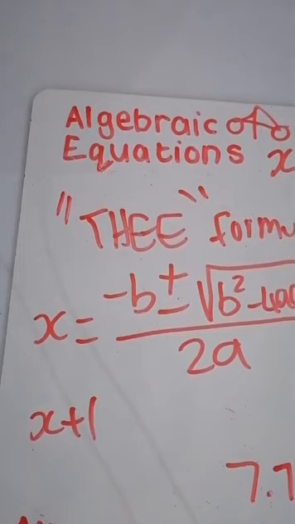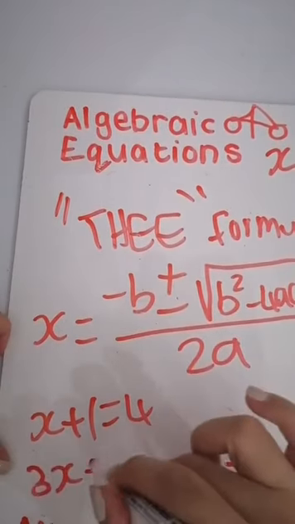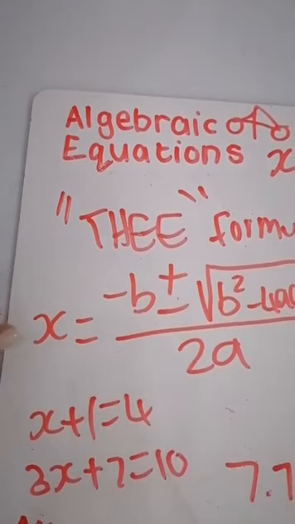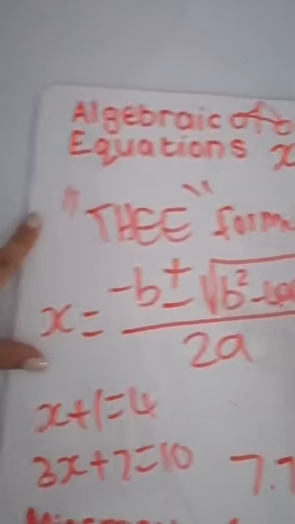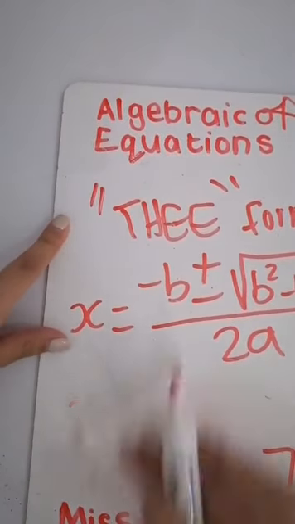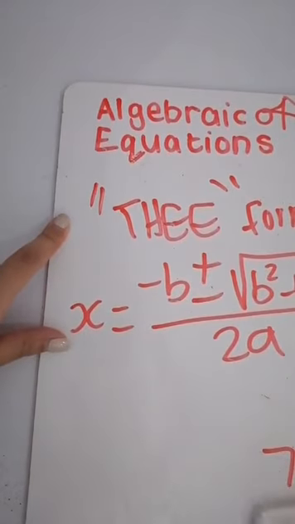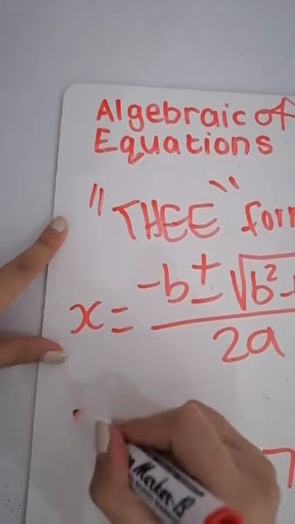Okay, so let's see what all of these things mean. You're familiar with these super easy ones like x plus 1 is equal to 4, for example, or 3x plus 7 is equal to 10, whatever. But what happens when we are working with quadratics? That is a big word, and it's very interesting when you do maths in university.